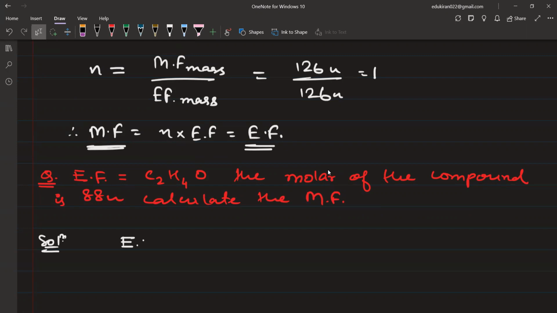Okay. First you will calculate the empirical formula mass. So this is the empirical formula, C2H4O. Calculate the empirical formula mass.